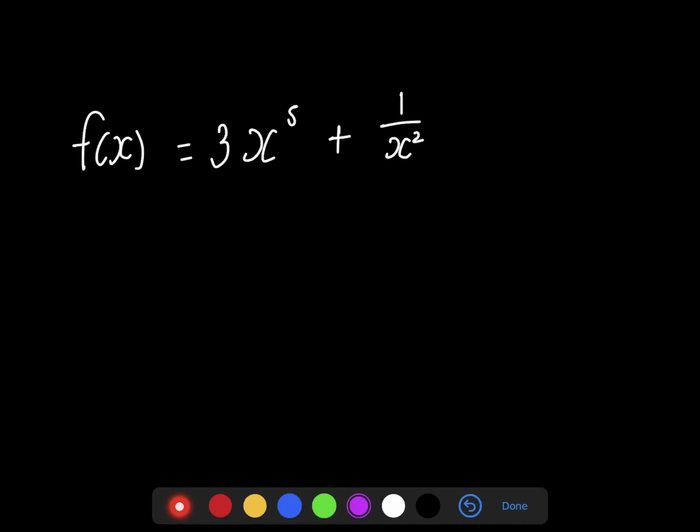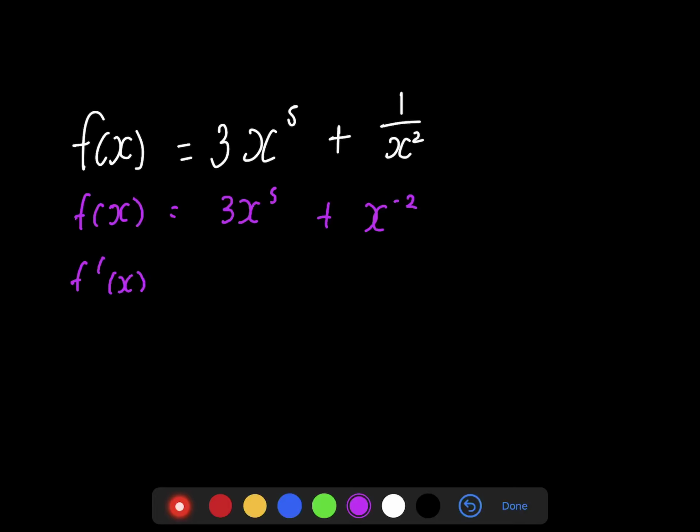Now, in order to do this one, we first got to simplify our question. So I'm going to state f of x again is equal to 3x to the power of 5 plus 1 over x squared, which can be reflected with a negative exponent, so that's x to the minus 2. And now we can apply the same rule as before.